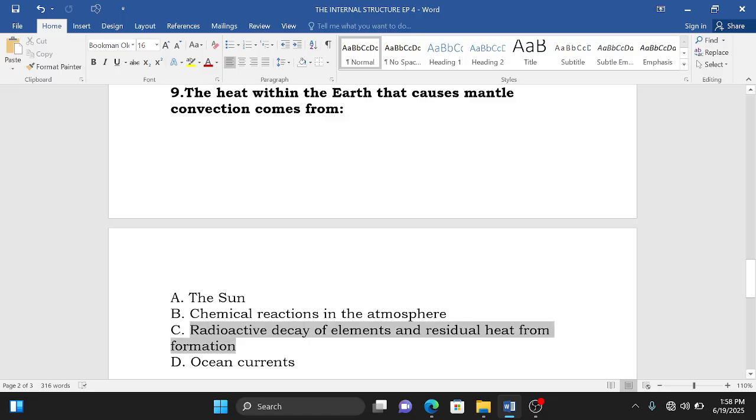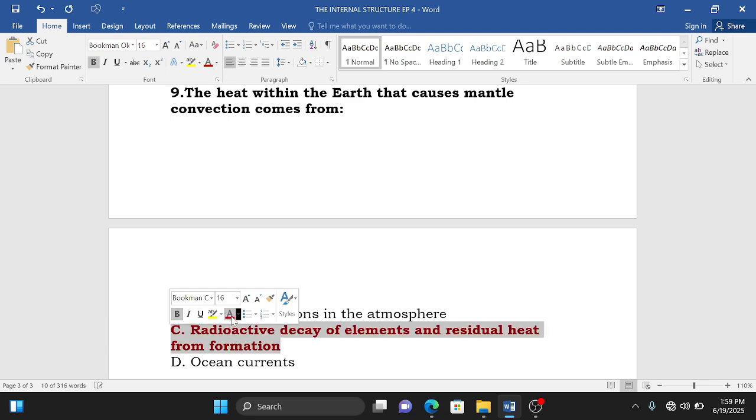The correct answer is C. Remember that radioactive decay produces heat, and therefore this is the correct answer.